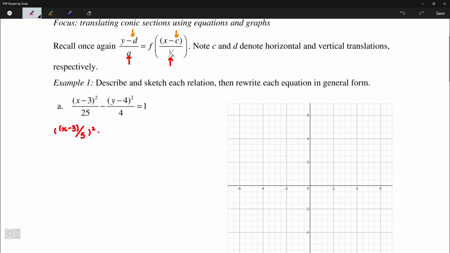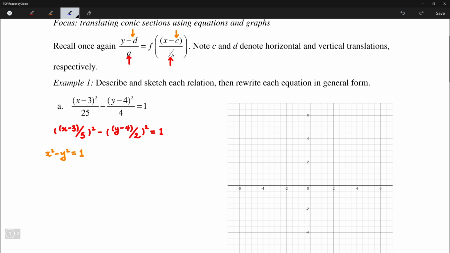The second term, we can do something very similar, and that is y minus 4 all over 2 and then all squared. And the right-hand side is going to be equal to 1. So once our equation is written in this form, it should be easy to see that the form of the conic section is x squared minus y squared equal to 1.